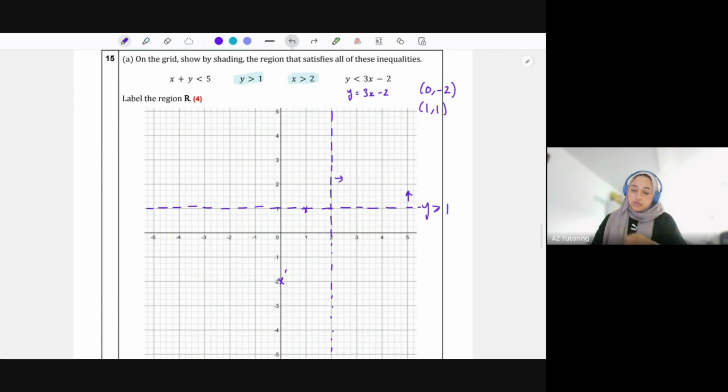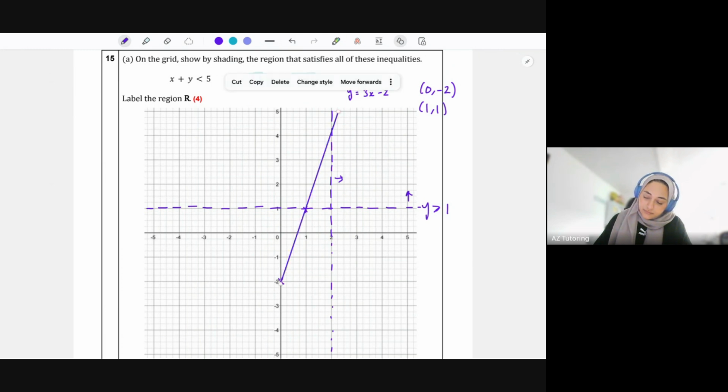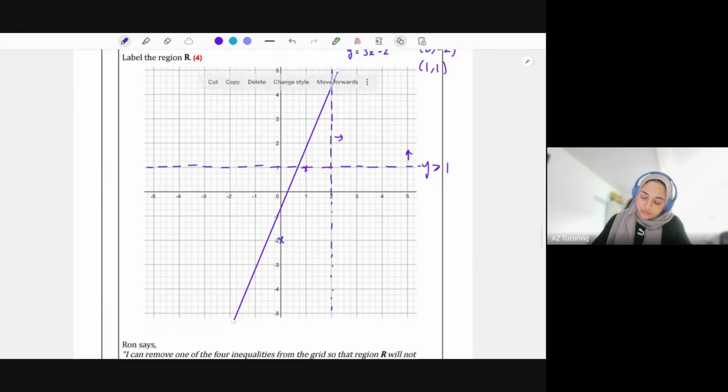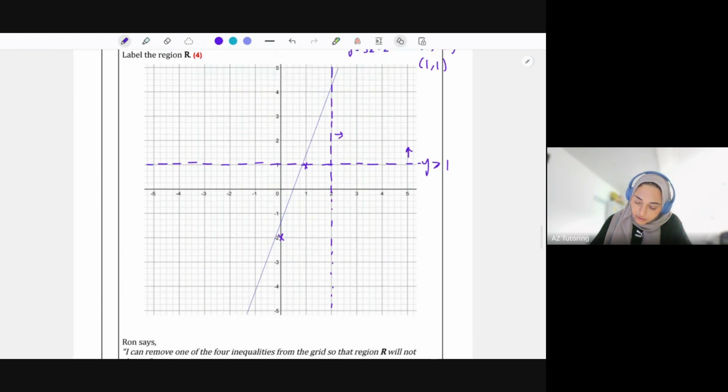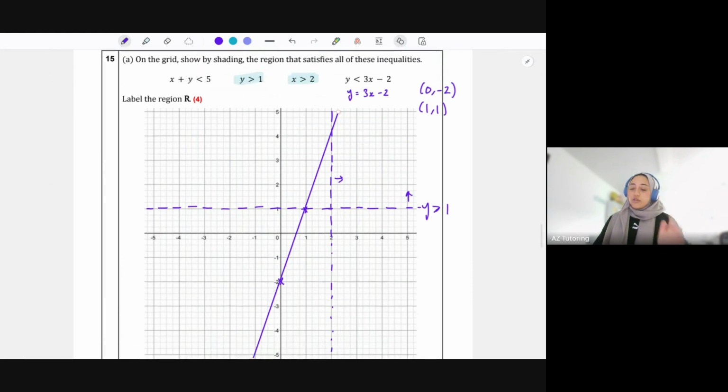I'm going to draw a straight line, but make sure you keep it dotted. I'm going to draw it as a solid straight line, but this does have to be dotted. Let me just extend that. It has to go through minus 2. So just make sure that line is dotted.